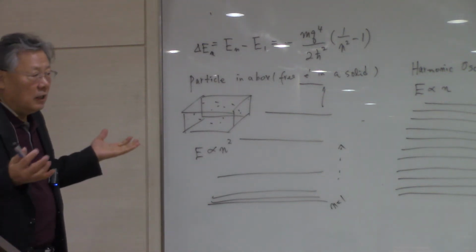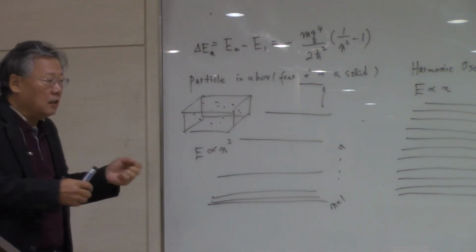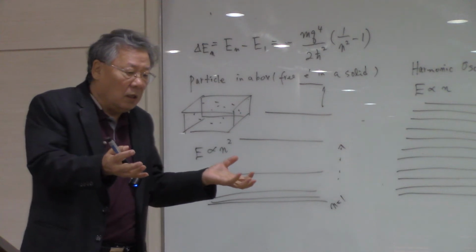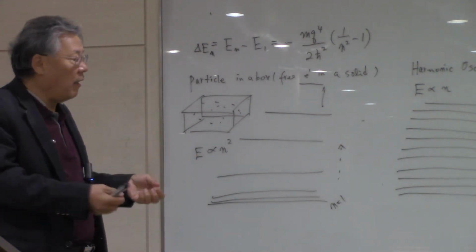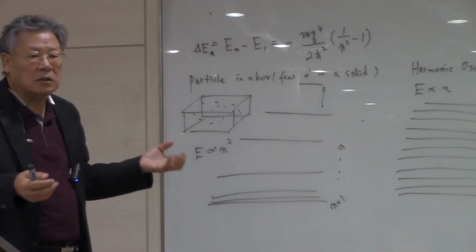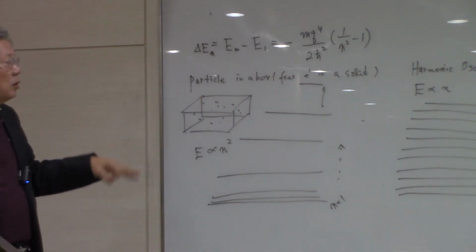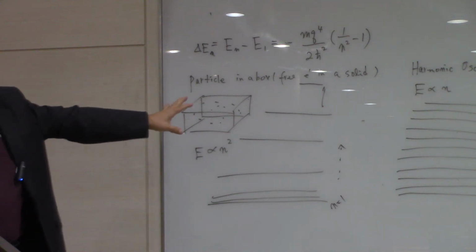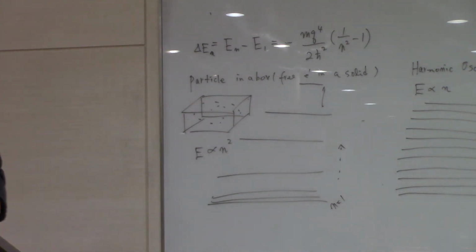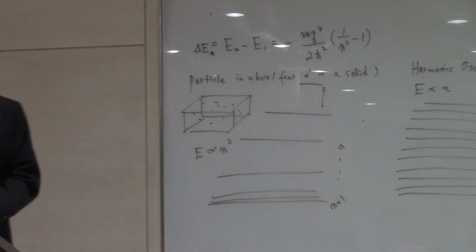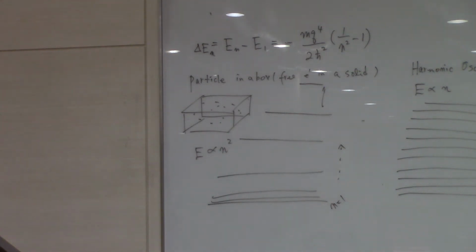If you think of the electrons and lattice atoms as particles, then it is impossible to explain this kind of energy gap and quantum things.